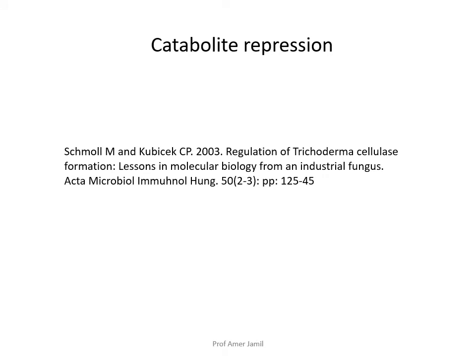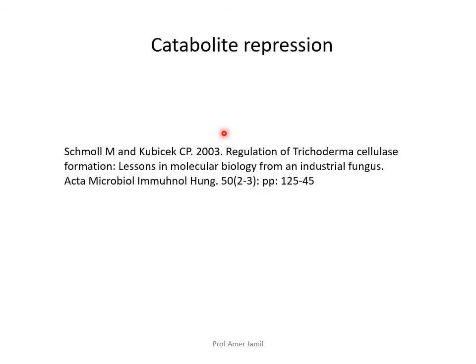Now comes another type of gene expression, catabolite repression, and I will give the examples of fungal gene expression here, especially with reference to Trichoderma cellulases, which are the most well understood mechanism in terms of catabolite repression in case of eukaryotes.